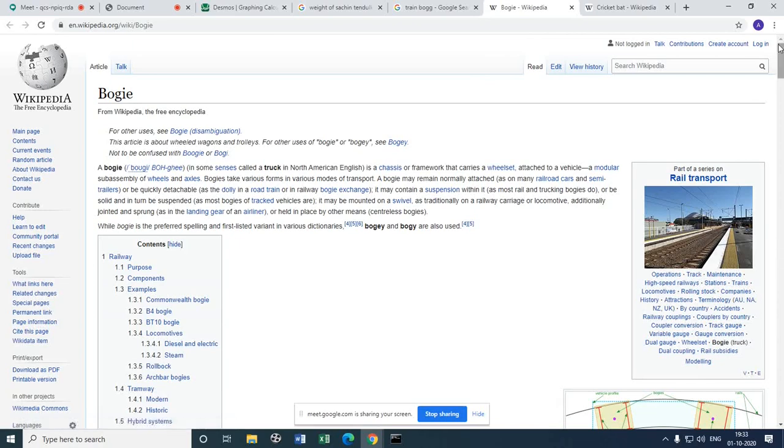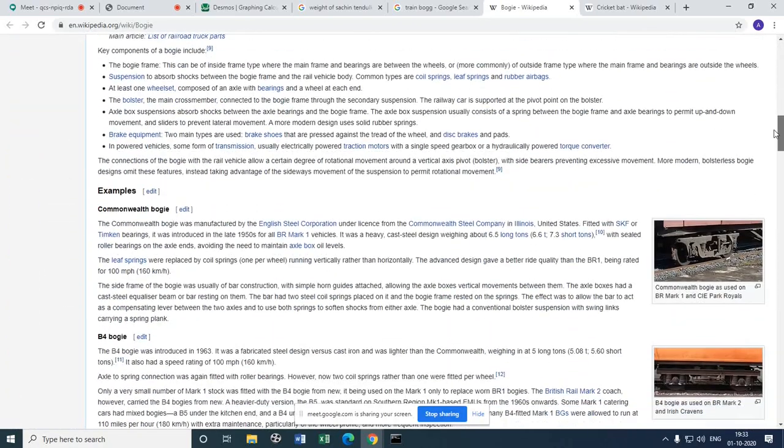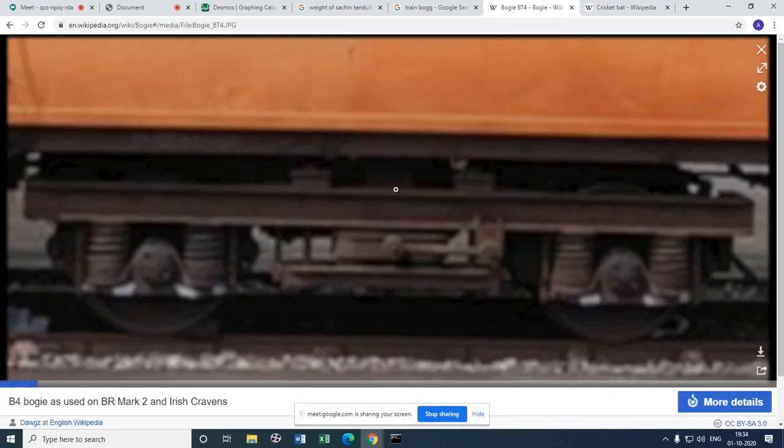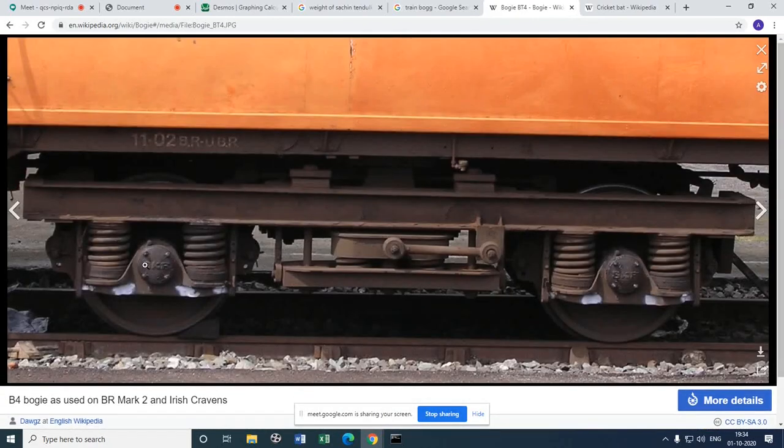We're interested in this one. Do you see these shockers? What is the purpose of these things? To absorb the shock. So in this case, what is reduced? See the time interval.